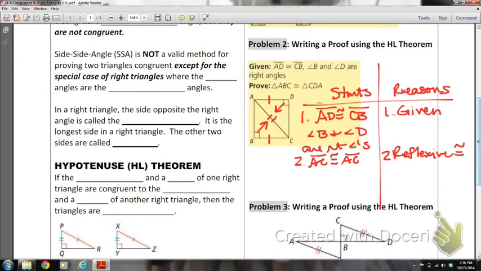So that's the hypotenuse for each of those triangles. So we have congruent hypotenuses. We have congruent legs. AD is a leg and BC is a leg of the other triangle. So we can use hypotenuse leg theorem to state that triangle ABC is congruent to triangle CDA by the hypotenuse leg theorem.